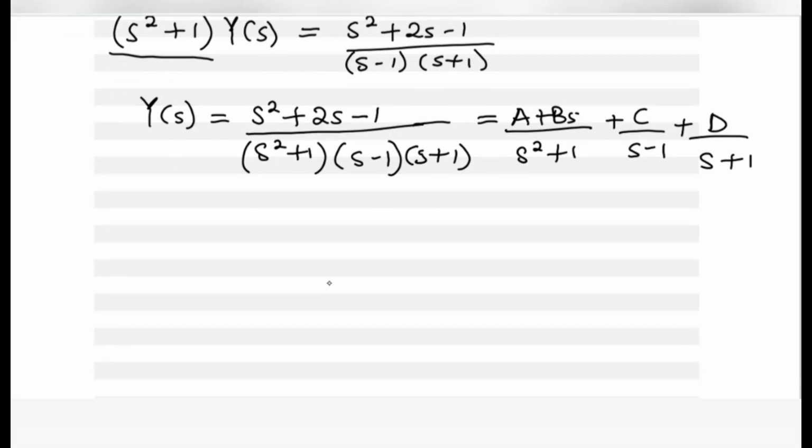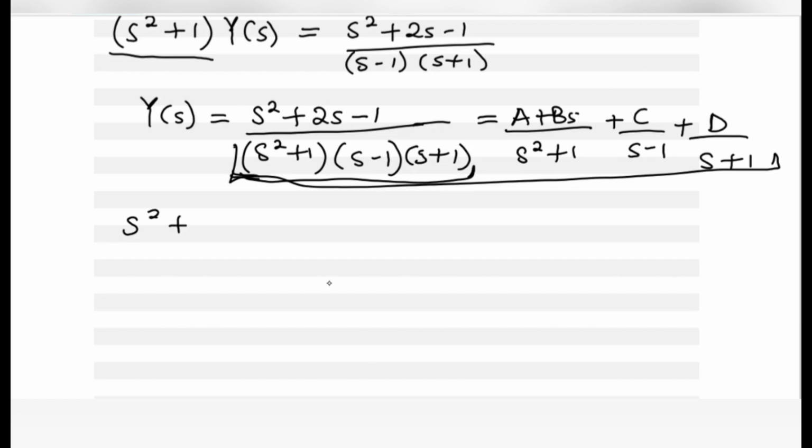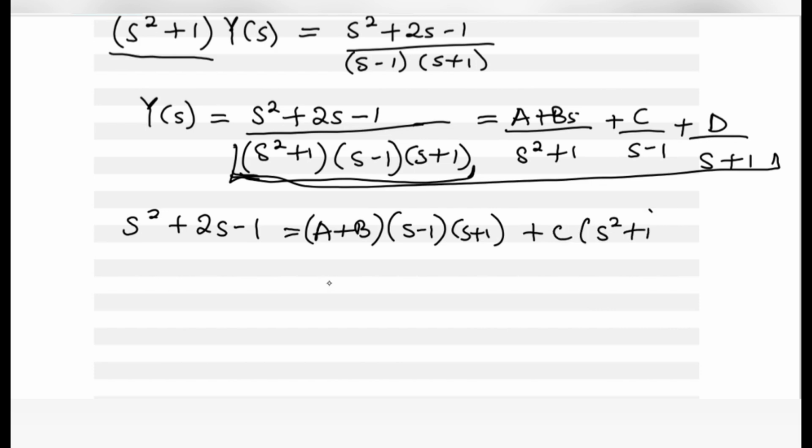Okay, and if we take this and multiply both sides by this denominator here, we're going to have that our s squared plus 2s minus 1 will simply give us (a plus b s) times (s minus 1)(s plus 1), plus c times (s squared plus 1)(s plus 1), then plus d times (s squared plus 1)(s minus 1).